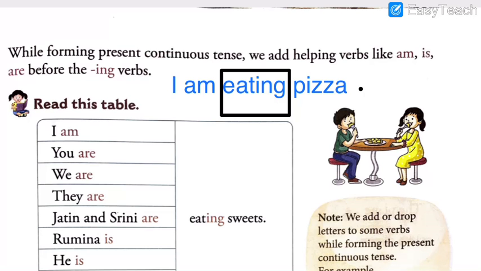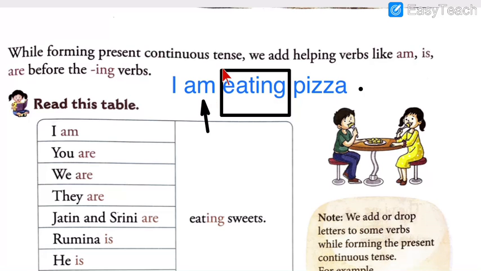What is helping verb? Like I said, the word which is before the verb and is helping that verb to complete the sentence is called helping verb. Here the helping verb is am. Now if you don't write am, I eating pizza, is this correct formation of sentence?